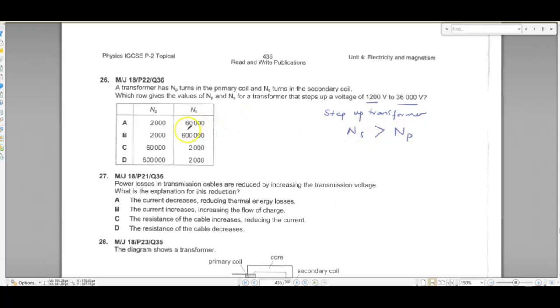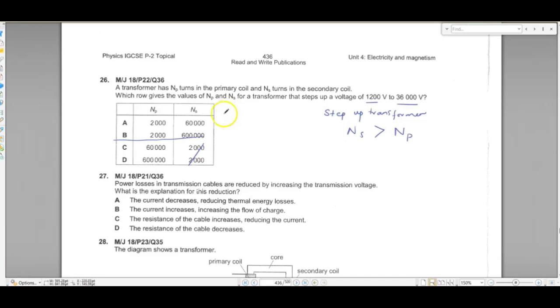So we will take the values that give NS to be more. This is 6000, this is 2000, this is 600. These two values will not apply because here NS is less than NP. So we will use these values.